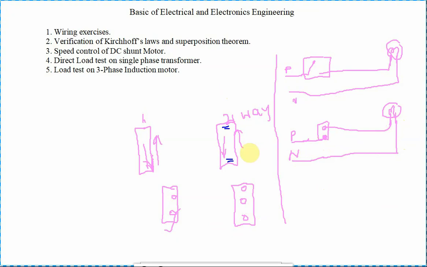So what about the two-way switch? A two-way switch consists of three points. Why are three points given? Because you connect it to two switches. That is the purpose. Before that, look very clearly at this one-way switch.